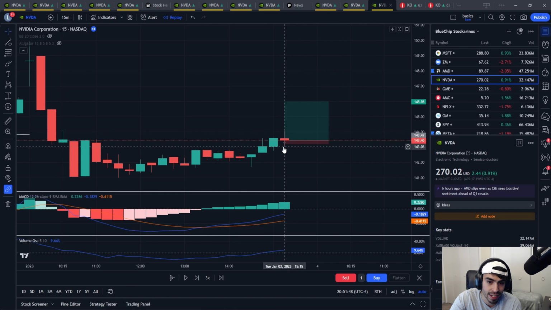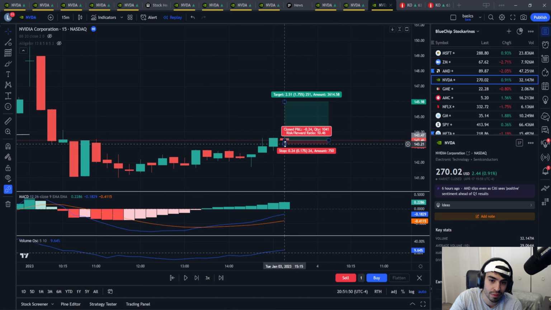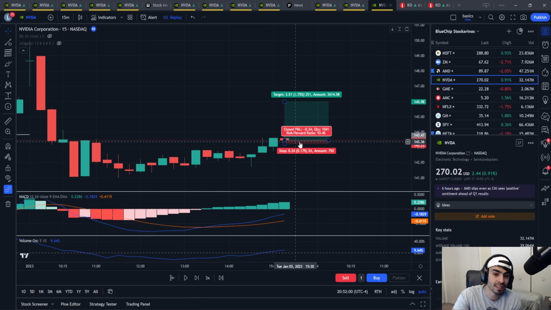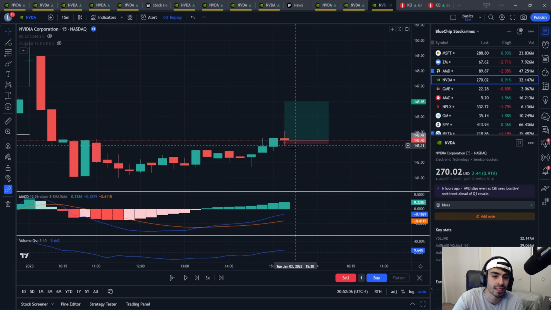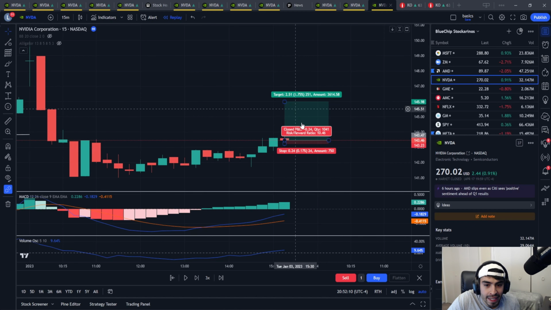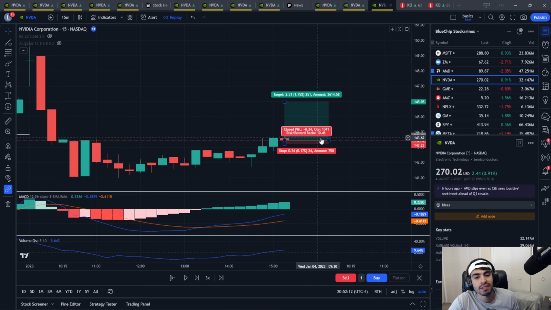If I set this stop loss and I have a reason for setting it, and it goes down to it, and I don't close my position at the stop loss, then I'm not respecting the work that I put into this. So then it's not actual trading. Then at that point I'm hoping that it's gonna go up. That's not trading, that's gambling. So I don't care what happens after this.